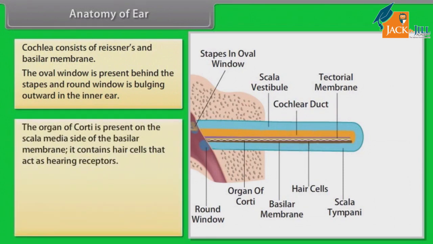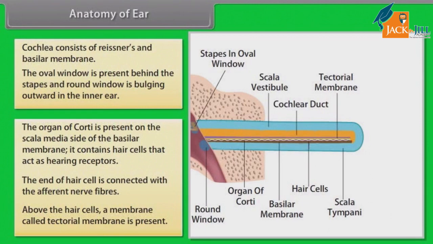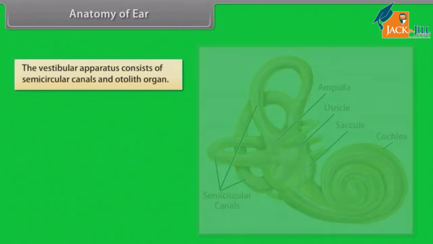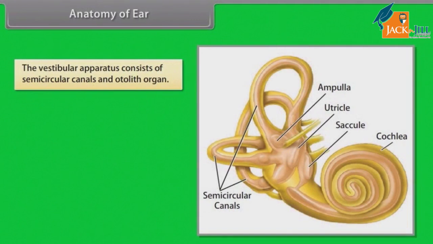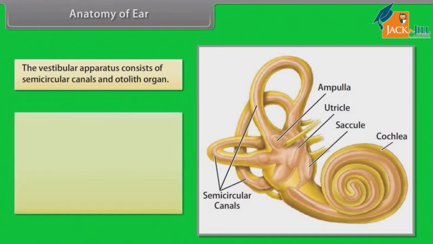The organ of Corti is present on the scala media, on the side of the basilar membrane. It contains hair cells that act as hearing receptors. The end of the hair cell is connected with the afferent nerve fibers. Above the hair cells, a membrane called the tectorial membrane is present. The vestibular apparatus consists of the semicircular canals and otolith organs.